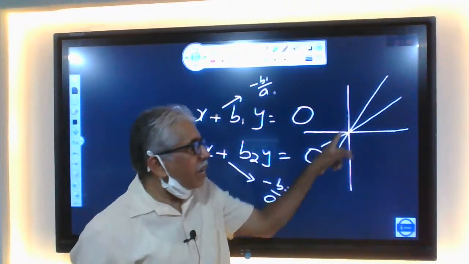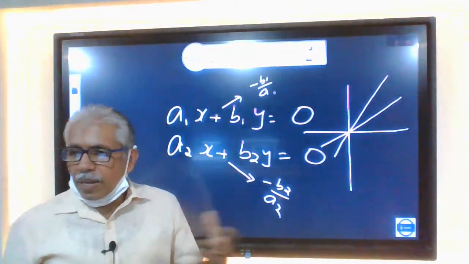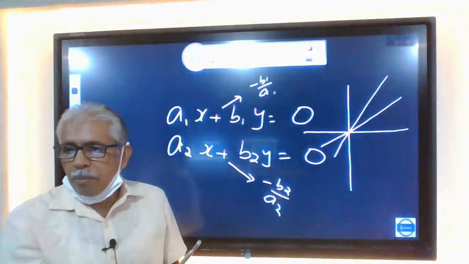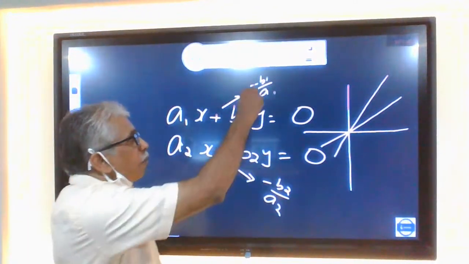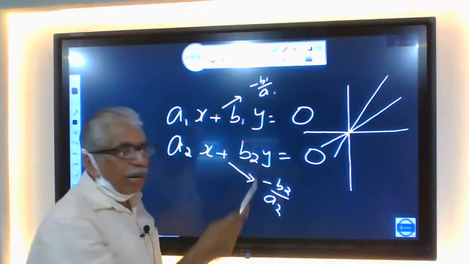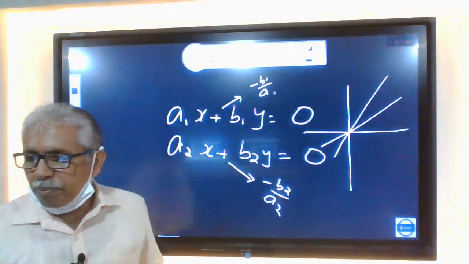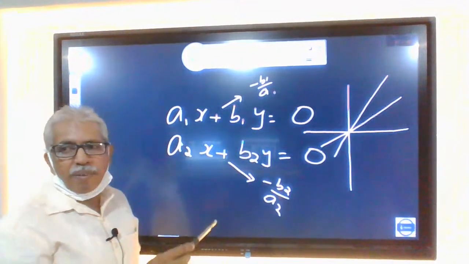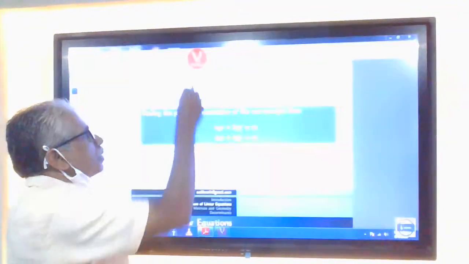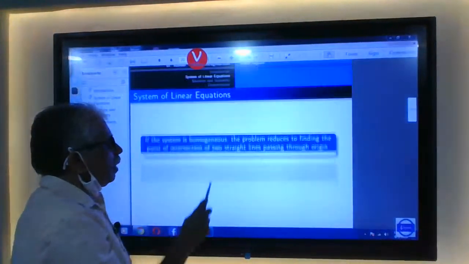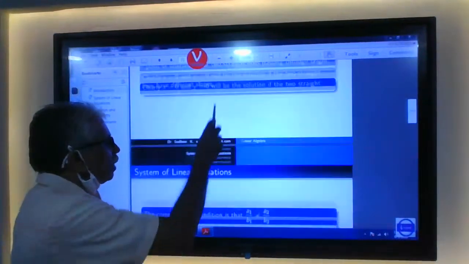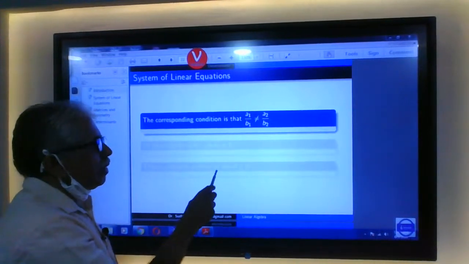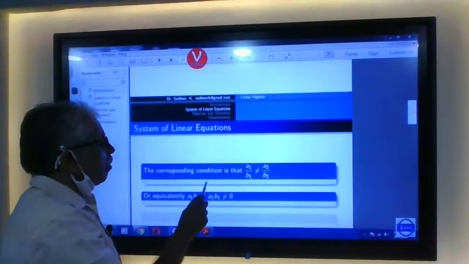So if the two lines are of this type, what is the meaning of it? The two straight lines are intersecting means they have different slopes. So minus B1 by A1 and minus B2 by A2 are different, which is otherwise told as A1 by B1 and A2 by B2 are not equal.